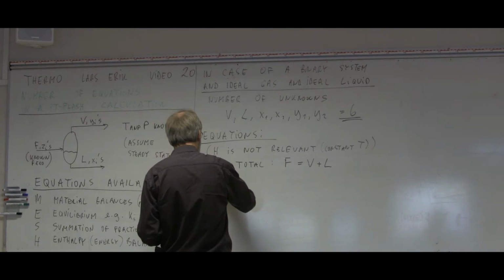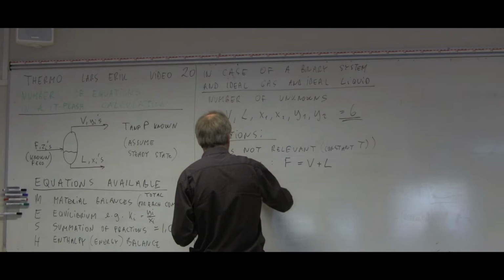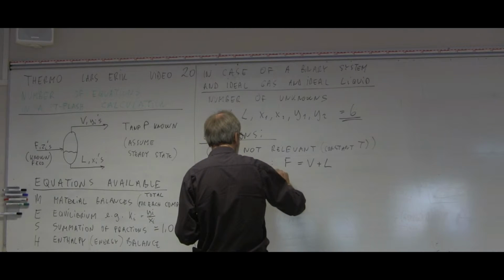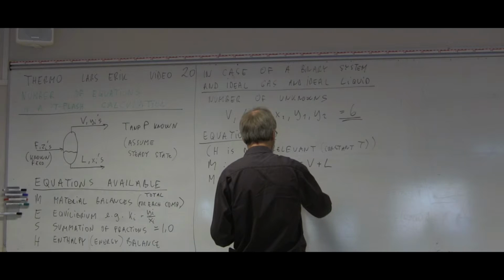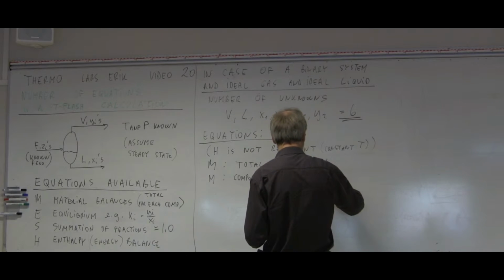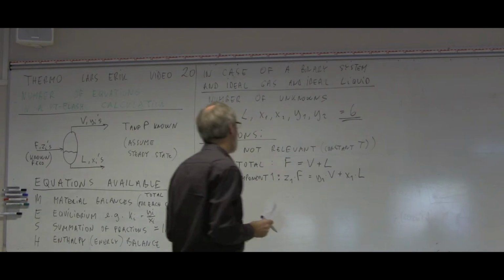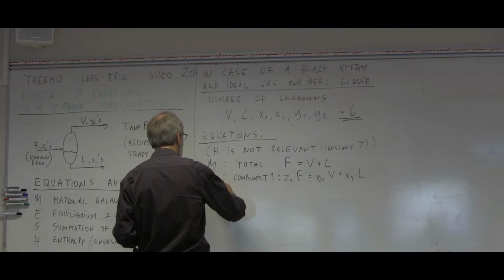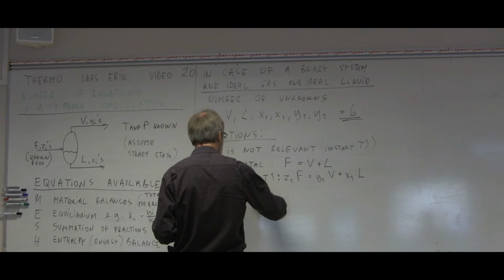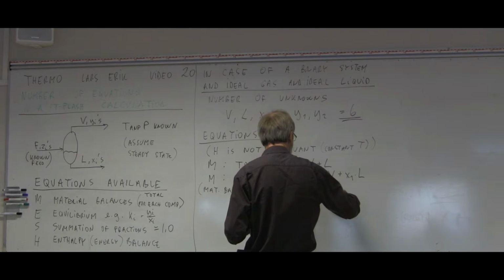And then we also have the component 1 equation, which states that z1 times F equals y1 times V plus x1 times L. And then the material balance for component 2 is not independent.